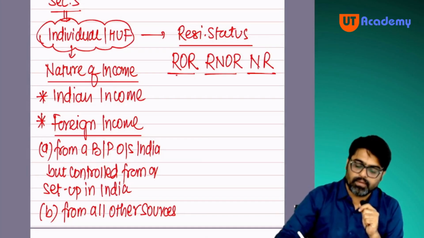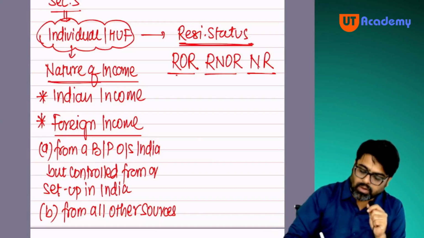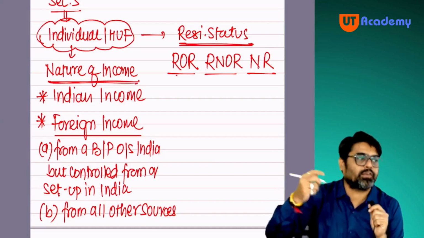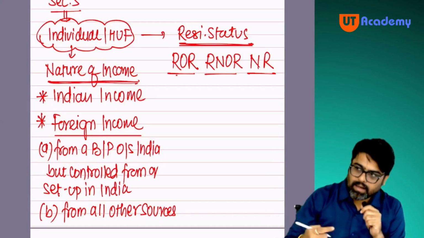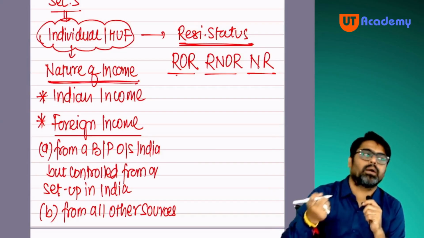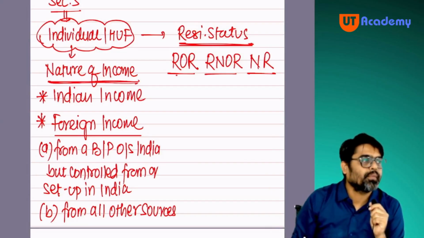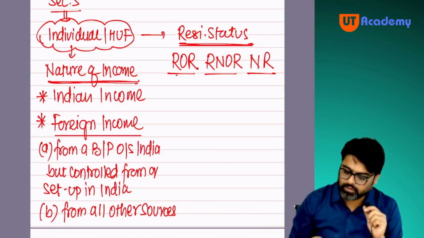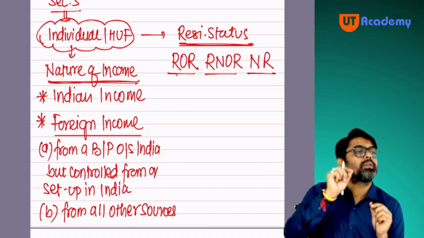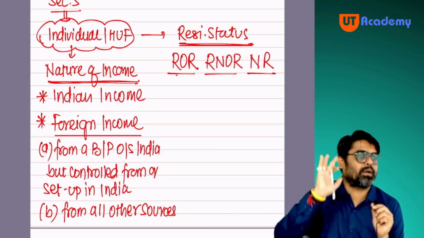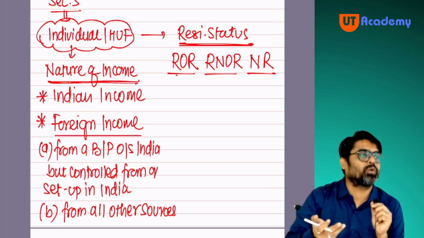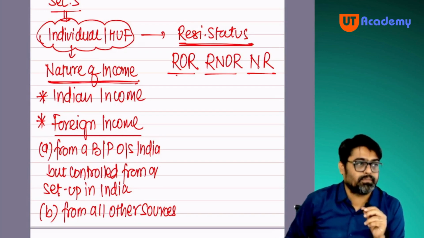Number one, residential status, which can be ROR, RNOR, NR, and number two, the nature of income, which will be Indian income or foreign income. Yes or no? Now see, if that individual has earned any income and that income happens to be Indian income, which income?